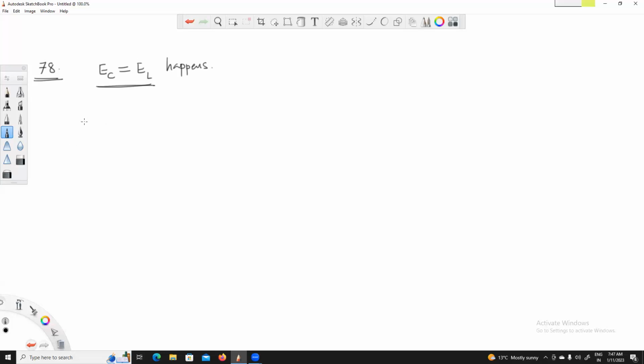If you compare the differential equation, L d2I upon dt square plus 1 over C times I is equal to 0, this is LC oscillation. So this is your M, this is your K, right? And our natural frequency omega square equals K divided by M.